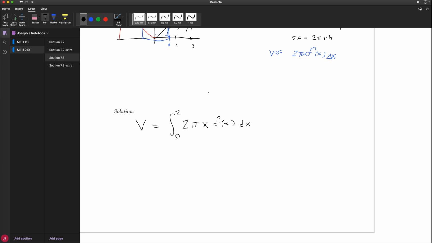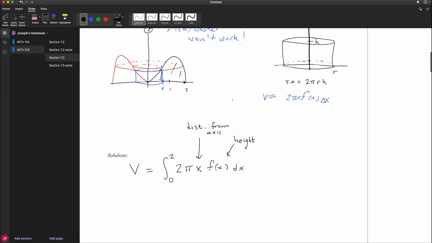This x represents the distance from the axis, also called the radius, and f of x represents the height of the cross-sectional cylinders that we get.